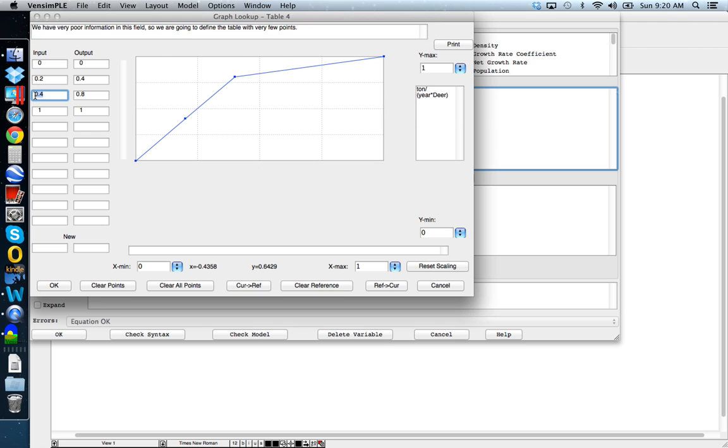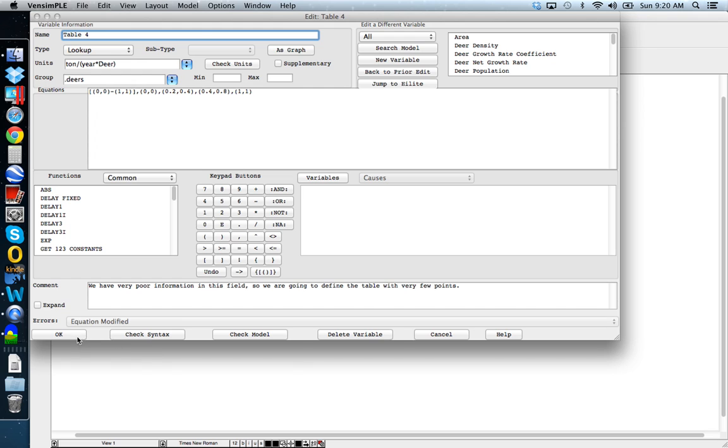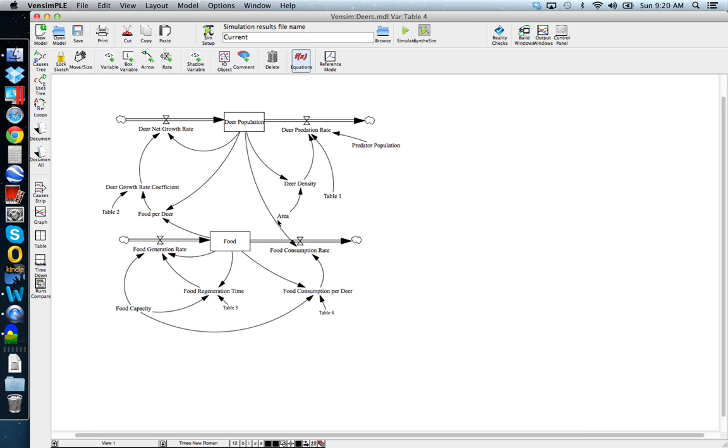This is 40% stocked, 20% stocked, and 0. And this is 1 ton per year per deer. If there's a little bit less, deer will eat less, and of course, if there's 0, they'll have to eat 0. And that's pretty much the model.